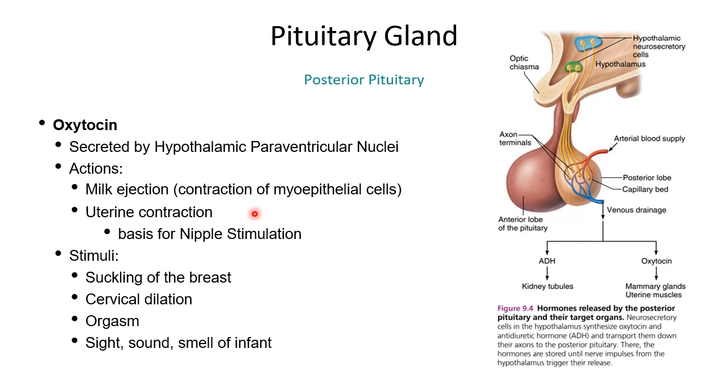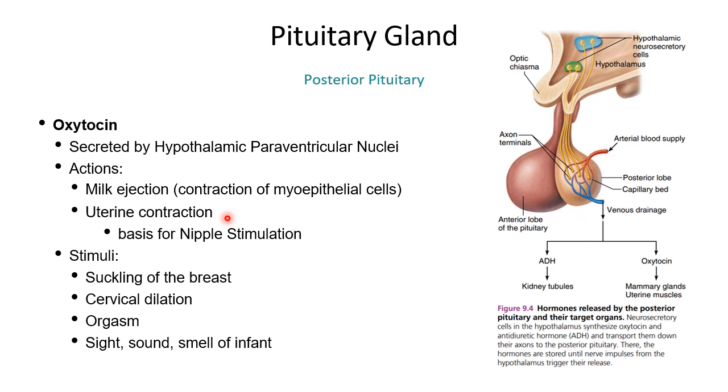It causes milk ejection by contraction of myoepithelial cells. And it also causes uterine contraction, where it assists in the continuation of labor to expel the term fetus.